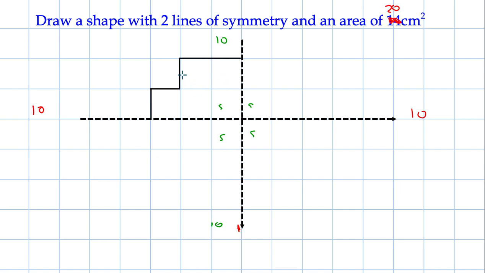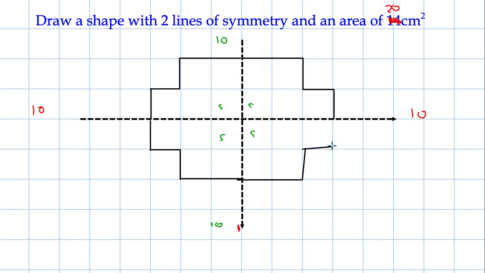This shape has got 5 boxes, which means that if I reflect it over here, the line of symmetry means it's like a mirror image on the other side here. There. So that's got a reflection there. 5 and 5 is 10, so that's good. I've got 10 boxes above the line, and basically what I have to do is reflect it like a mirror underneath. That's 5 there, and then keep going.